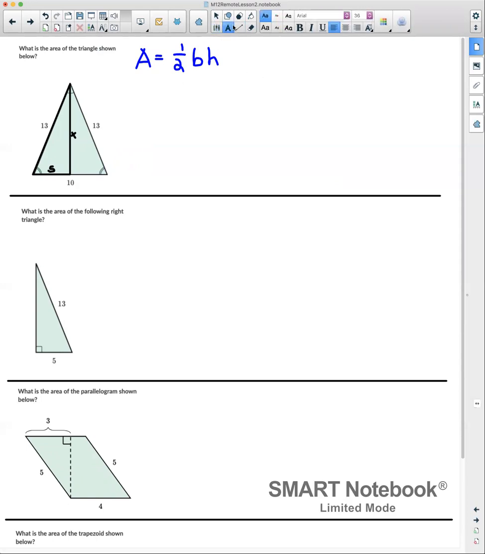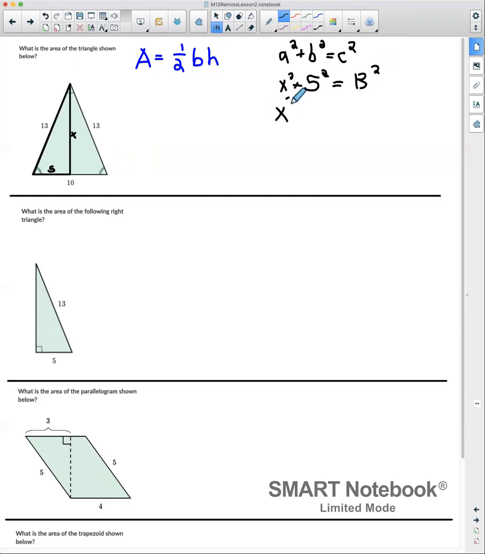So I'm using the Pythagorean theorem first. Okay, so a squared plus b squared is equal to c squared. So I have x squared plus 5 squared. That's equal to 13 squared.